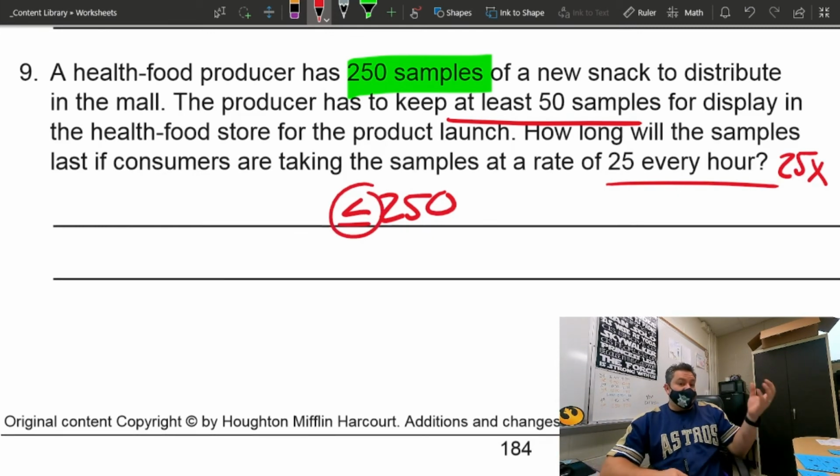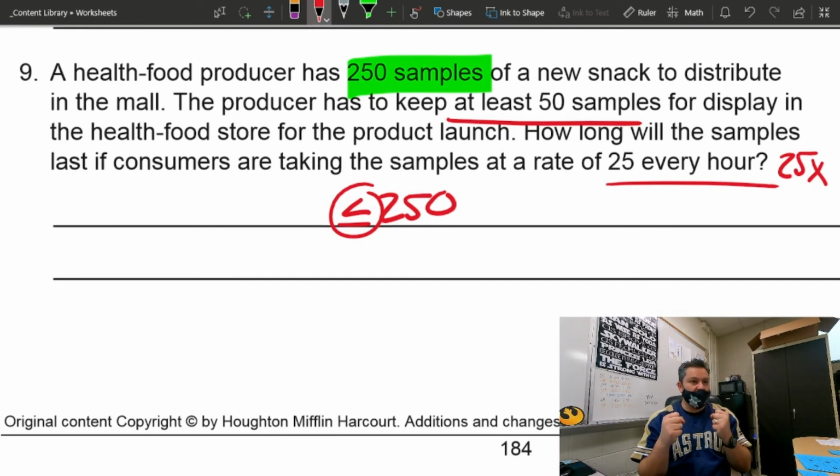Now he's gonna keep 50, and the other 200, you're gonna give them away. I just said the keyword that you're gonna have to do. How do I know it's 200? Because 250 minus 50 is 200.